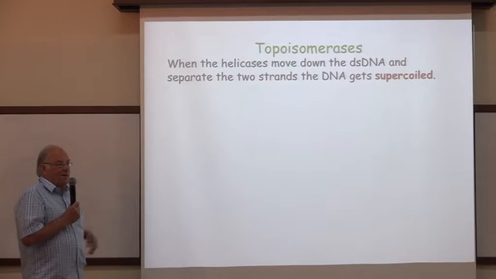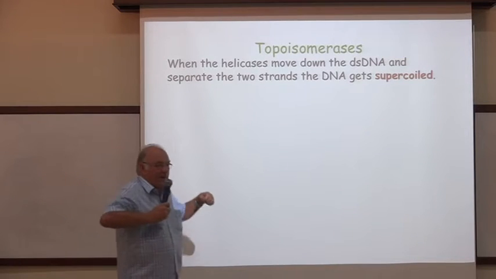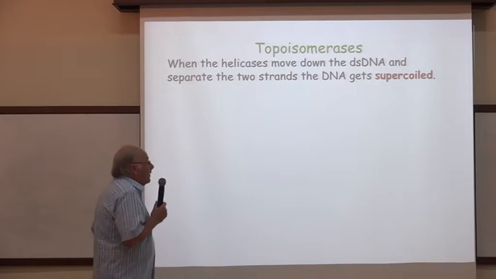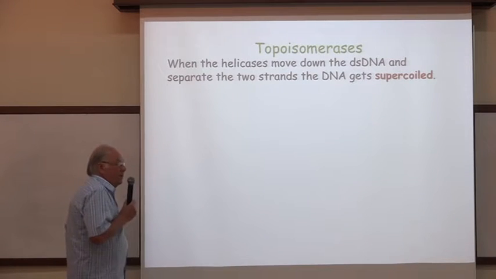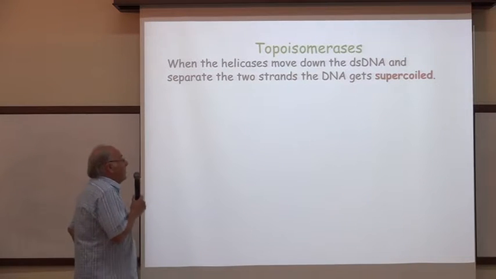Then I mentioned when you're using the helicase to pull apart the strands of the DNA, then you superwind the DNA, and you need to use the topoisomerases to release this strain in the DNA.